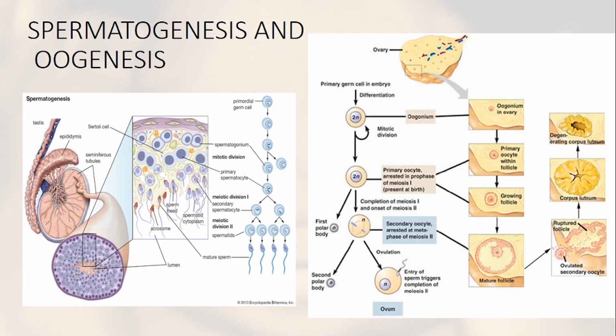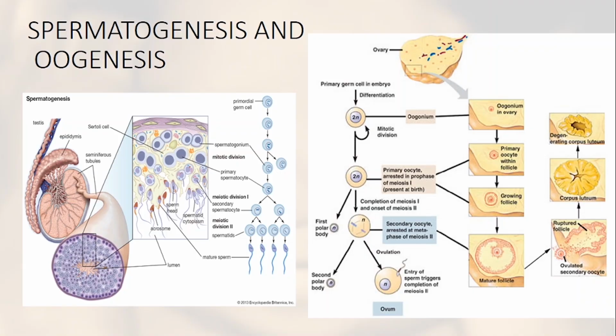So the chromosome number is haploid, compared to those in mitosis, which have a diploid number. This diagram shows the process of spermatogenesis, where the primordial germ cells continue to divide and differentiate to spermatogonia, then primary spermatocytes, secondary spermatocytes, and then spermatids, which then differentiate to become spermatozoa.